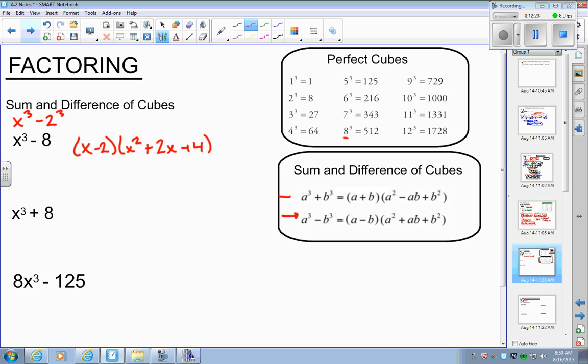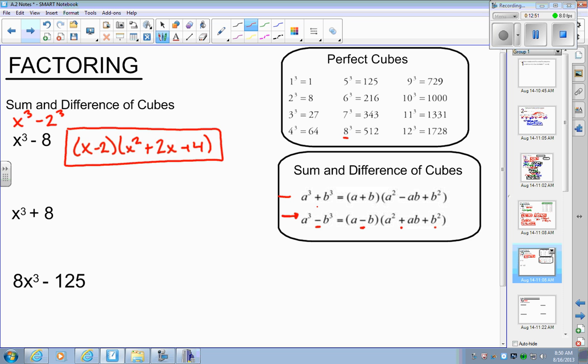So if you sat there and double distributed all of this stuff, everything in the middle would cancel out, the x squareds and the x's. You're only really left with your first term and the last thing here. All the stuff in the middle goes away. Okay, and that's following the formula. If you'll notice, if it's a difference of cubes, the first term has a subtraction, everything else is positive.